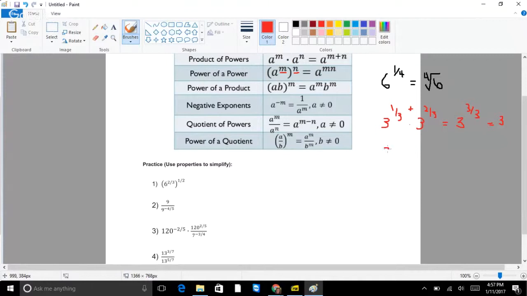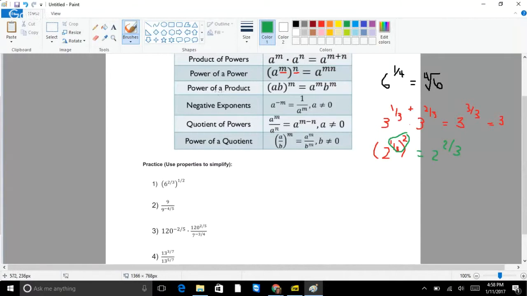So again, if we have 2 to the 1/3 power that is squared, we're going to actually multiply these two exponents together, and you're going to get 2 to the 2/3 power. So same rules that you've done before, just using fractions instead of whole numbers.